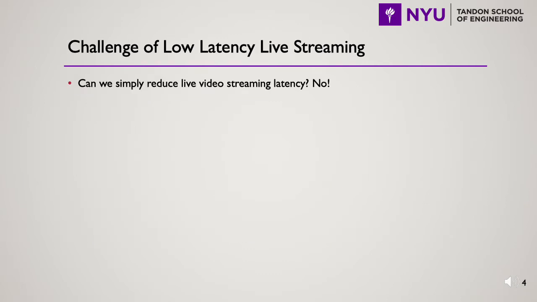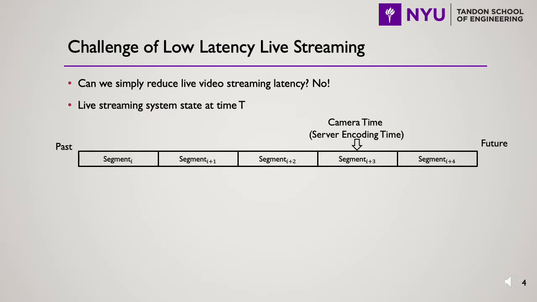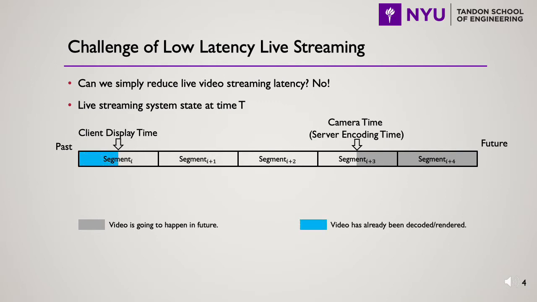Can we reduce the system latency in a simple way? I think the answer is no. Assuming the figure is a screenshot of the system at time t, and the pointer shows the time of the frame which is being processed by the server. All the gray parts are what will happen in future. Then, a client can choose a time in the past of server time to watch the video, and the blue part means what has been watched by the user.